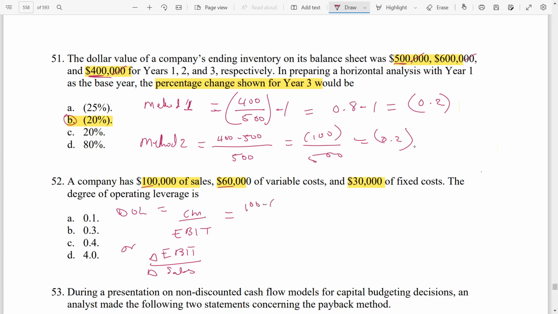So we have 100 minus 60, in thousands, getting rid of the zeros, divided by operating profit, or earnings before interest and tax, which is 100 minus 60 minus 30, because we need to subtract the fixed cost. So we have 40 divided by 10, which is 4. The correct answer for question number 52 is D, which is 4.